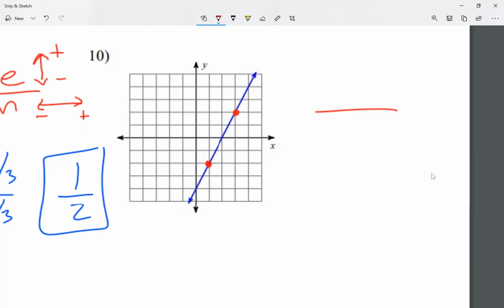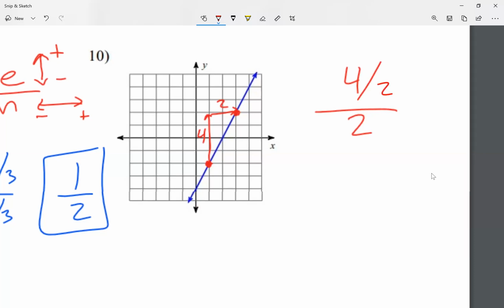So traveling from one point to the other, again, from the 2 that I have, I like to start from the one that's on the left. So first of all, it seems like I'm going up, and I'm going up 4 spaces, right? You can count the squares. So I went up, so it's positive 4. And then I go to the right, I go 2 spaces. So up 4, 2 to the right.